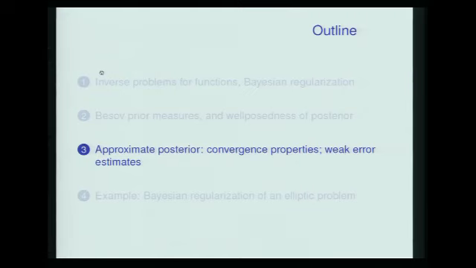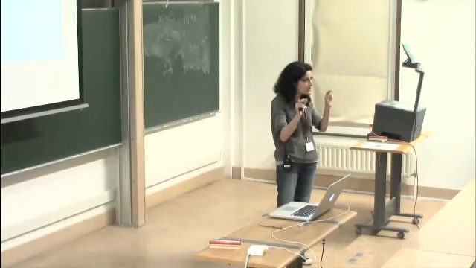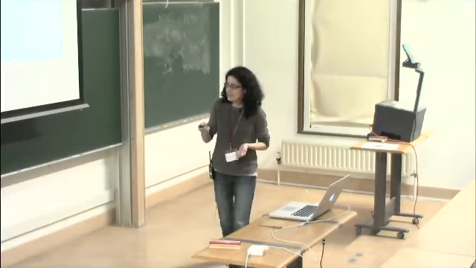Now, as I said, one of the reasons well-posedness is important is that you can quantify the approximations of the posterior measure. So if you have a finite dimensional approximation of your posterior, then you know where you are standing compared to the true posterior, the well-posed posterior that we have. So that is the next thing.